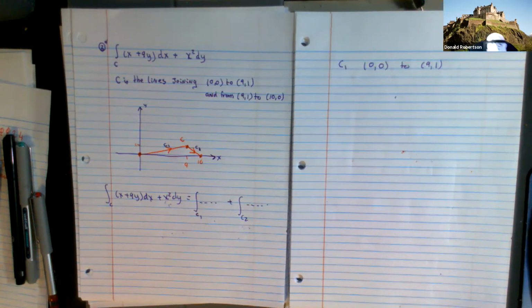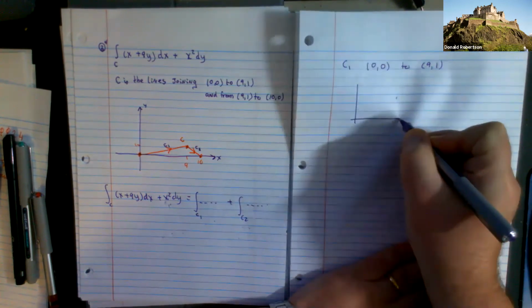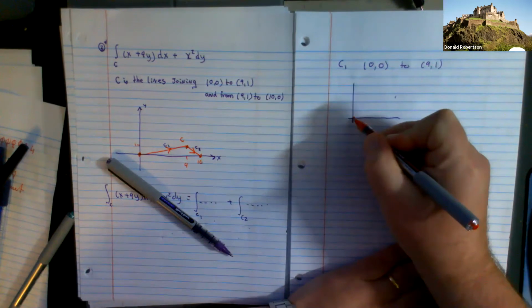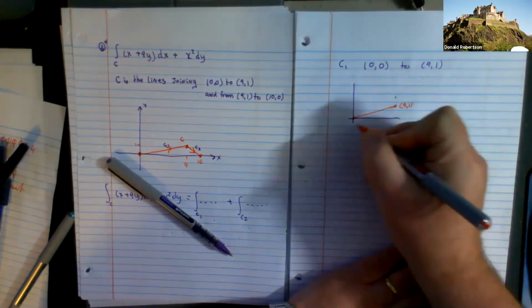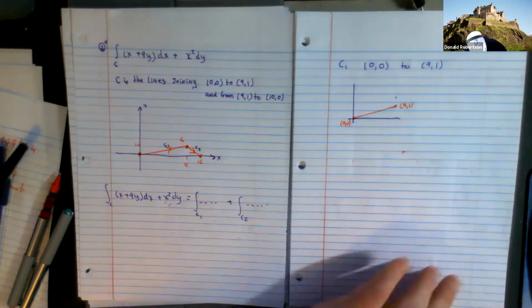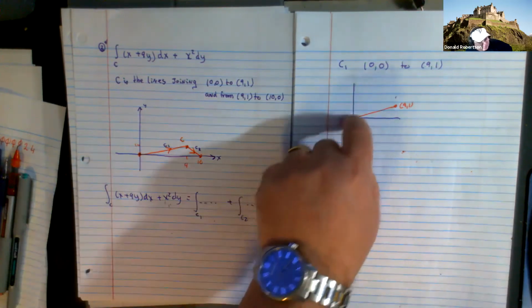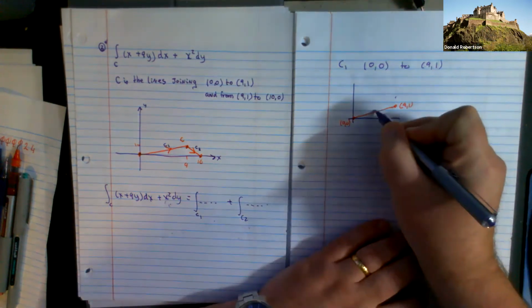So if you can imagine the line from here to here, what I'm going to do is I'm going to find the equation of that line first, like y equals 2x plus 4, whatever. And then once I've got that, then I'll figure out how to do parametric of it.